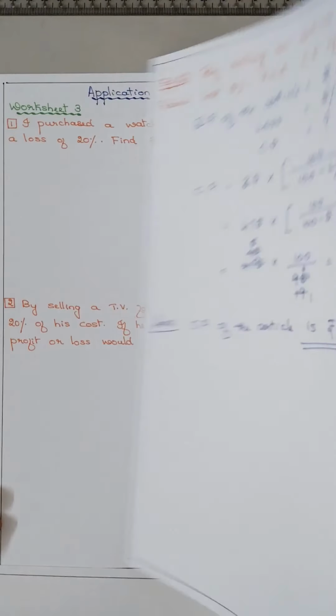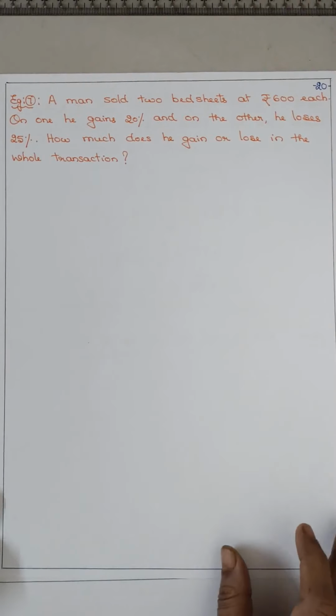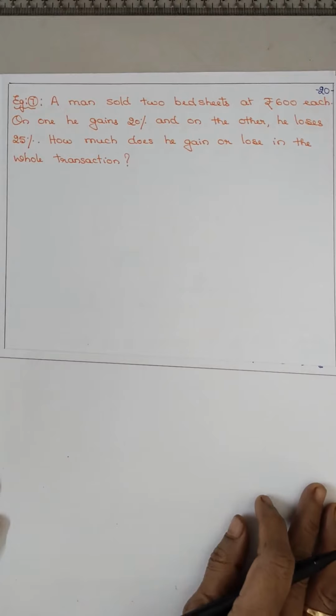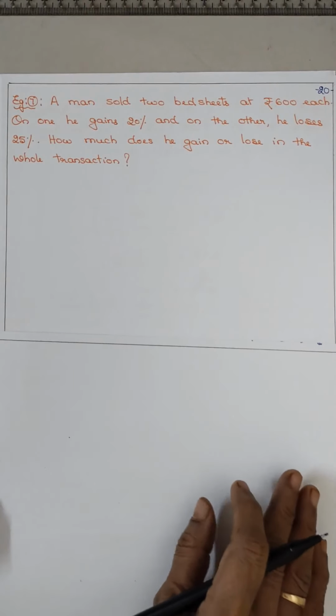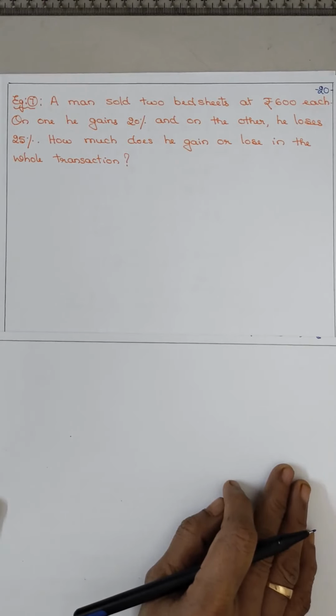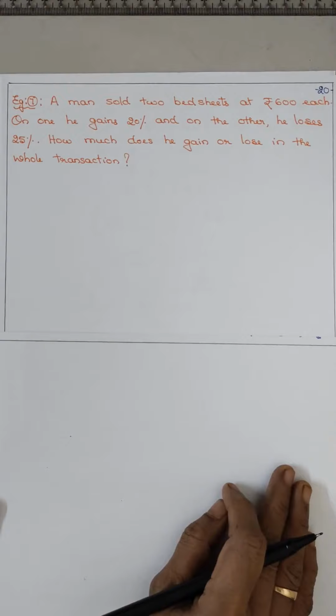Now coming to example 7. A man sold 2 bed sheets at rupees 600 each. On one he gains 20% and on the other he loses 25%. How much does he gain or lose in the whole transaction?